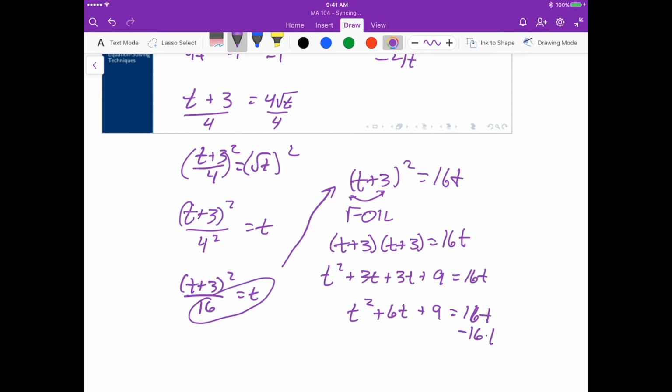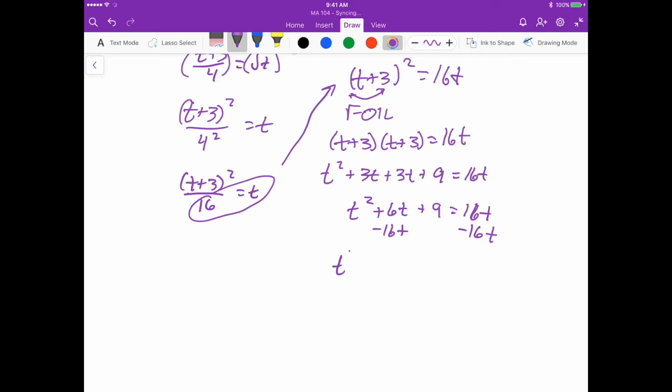I'll subtract 16t, and I'll get t squared minus 10t plus 9 is equal to 0. Again, I can solve this quadratic any way I've learned in section 1.5. Here, this is a nice little factoring problem. t minus 9, t minus 1 is equal to 0.